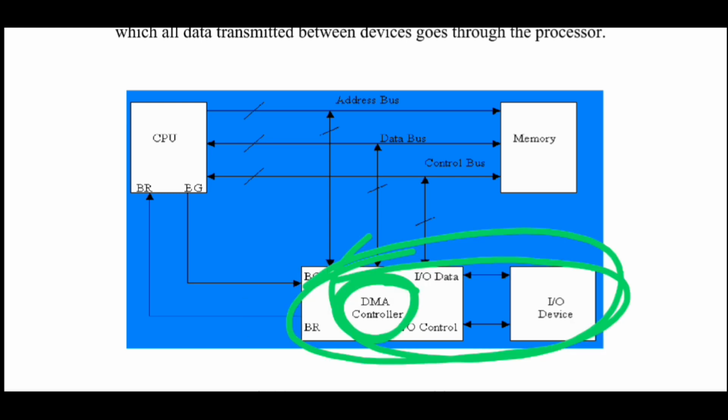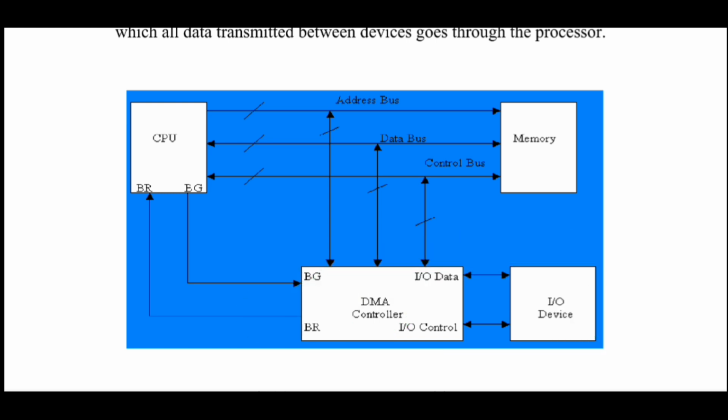Then let's see how this works. First of all, the CPU generates a request that there is a transfer between an IO device and main memory. The CPU gives the command, and then the DMA controller gets the command.